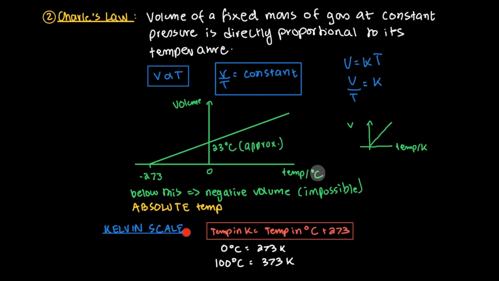According to the Kelvin scale, this is the conversion: temperature in Kelvin equals temperature in degrees Celsius plus 273. For example, 0 degrees Celsius will be 273 Kelvin, 100 degrees Celsius will be 373 Kelvin, and so on. You start from 0 Kelvin, which is minus 273 degrees Celsius, the absolute zero temperature.